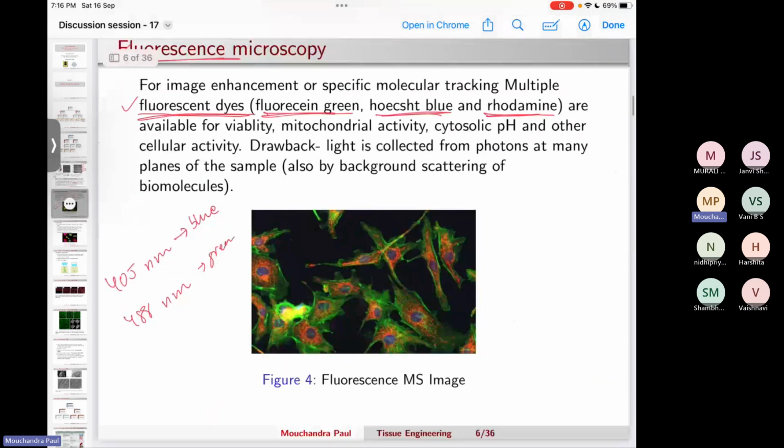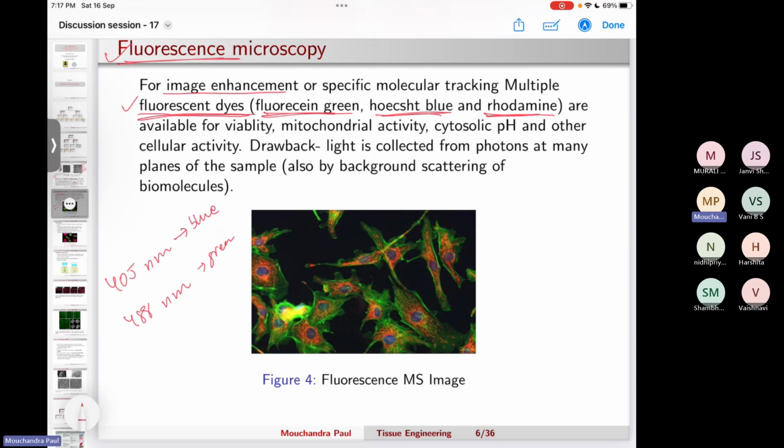Because this technique allows you to specifically tag your cellular structures. You can use it for image enhancement, because cells under visible light look very transparent. When you're using dyes like this, you're color marking the structures, which makes the image much more understandable to the reviewer, whoever you're sharing this image with.